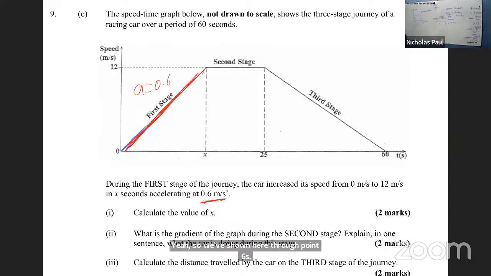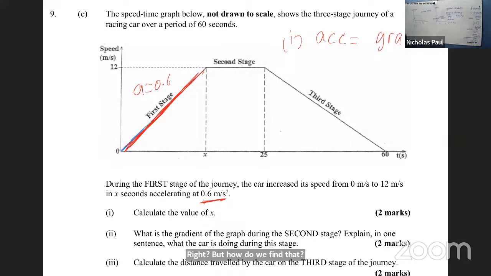But how do we find acceleration? Acceleration is equal to the gradient. So the acceleration is 0.6 and the gradient is y2 minus y1 over x2 minus x1.